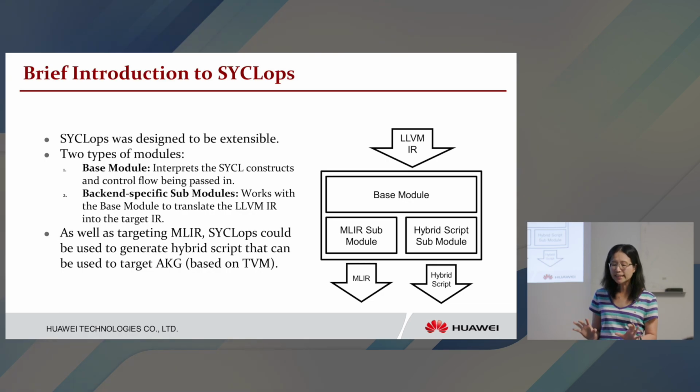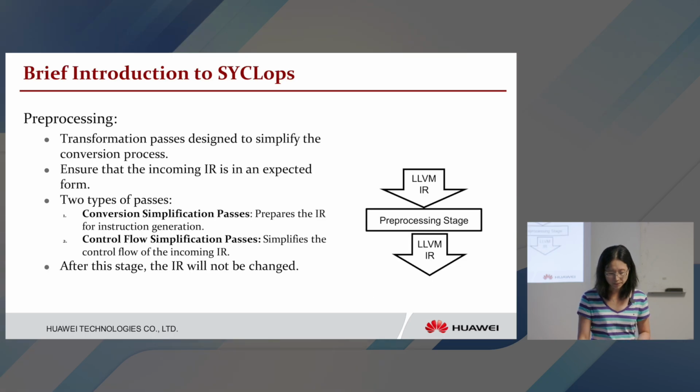And cleanly, we develop different backends for it. One backend is the MLIR submodule that will generate the MLIR affine IR text, as well as the hybrid script submodule that will interact with AKG or TVM. For today, I'm focusing heavily on MLIR, and I will not be covering the AKG aspect.